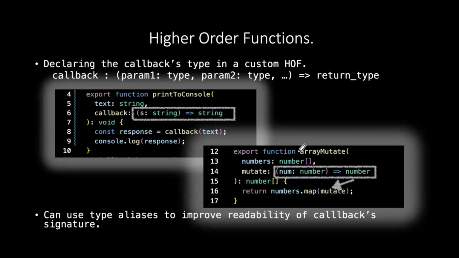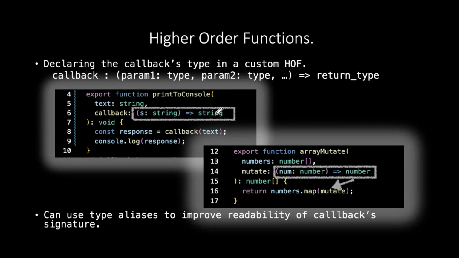Although at the bottom of the slide there, I'm saying we can use type aliases to improve the readability of callback signatures. If this parameter here had to be a function that took, I don't know, 4 parameters and returned something complex, then it becomes very unwieldy just typing the whole thing out there.